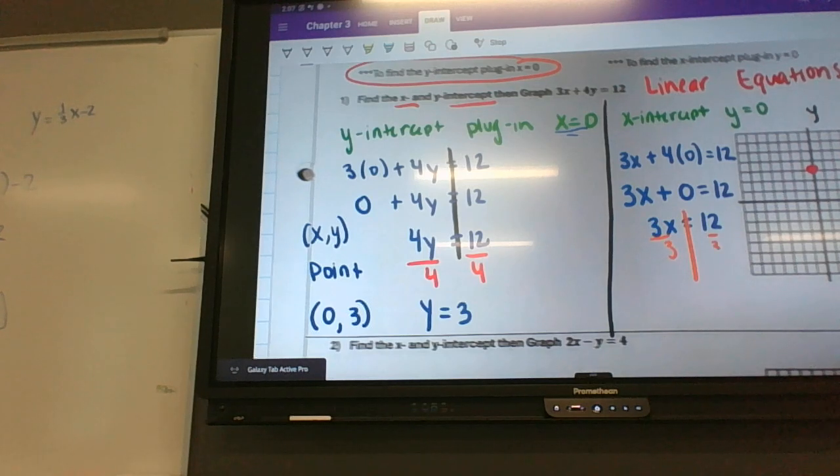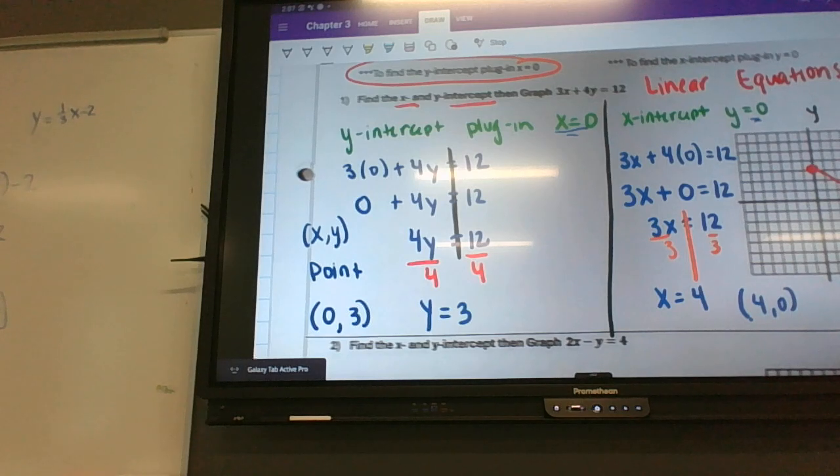Divide by 3, and we get x equals 4. This is an ordered pair again. You pair the 0 you plugged in and the answer you got out: 4, 0. Go to your coordinate plane, 1, 2, 3, 4. Plot it. This time the x is 4. Connect them, and you got a straight line graph.